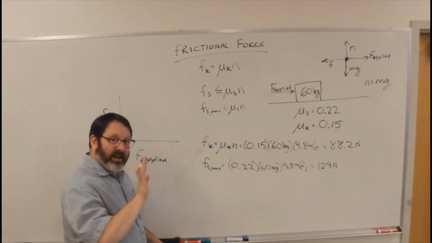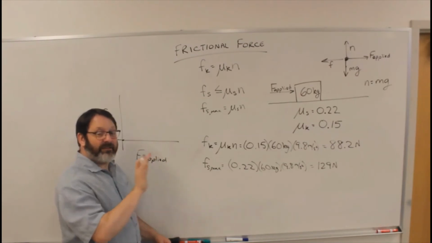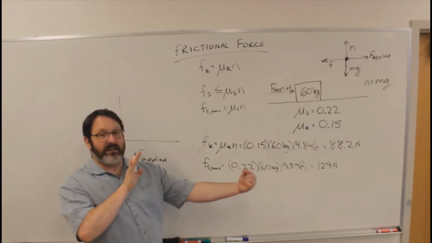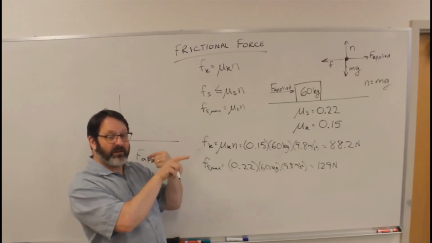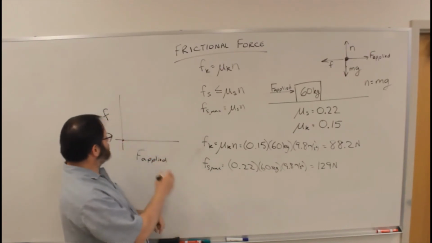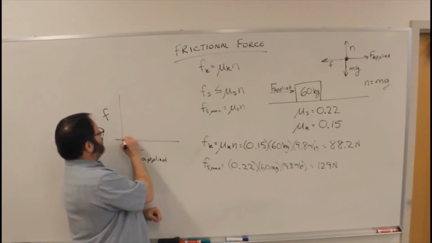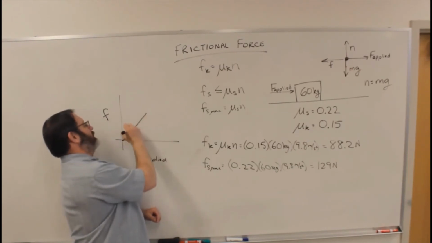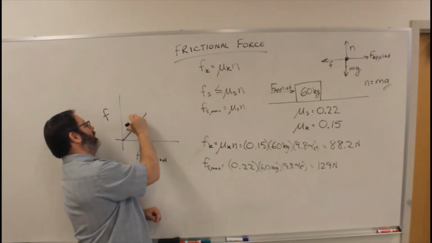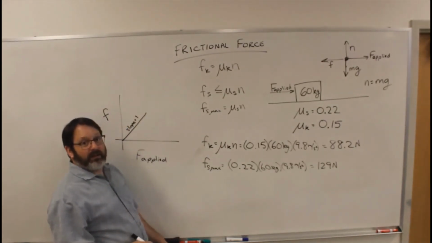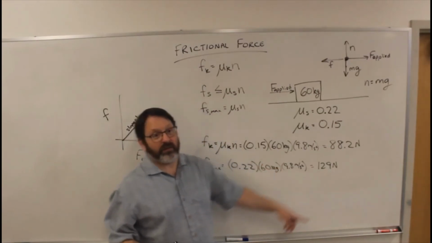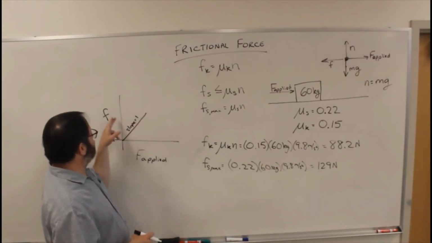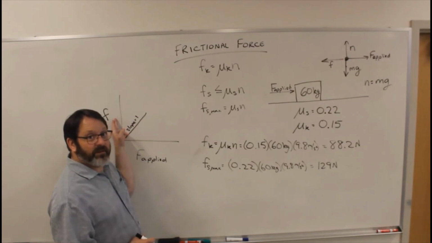And as I try and push it harder and harder, if it's not moving, that means the frictional force fighting me has to be exactly equal to, so equal to and opposite, the force that I apply. So it goes like this. Slope equal to 1. So if I apply 100 newtons, then the frictional force will be 100 newtons.